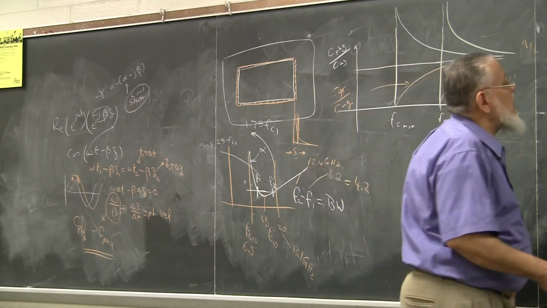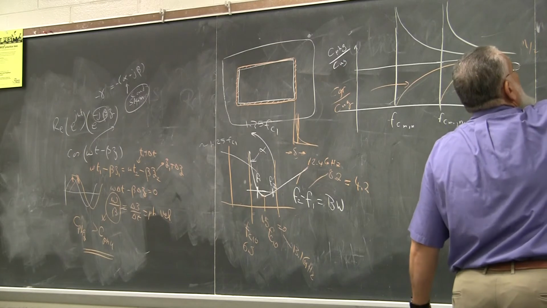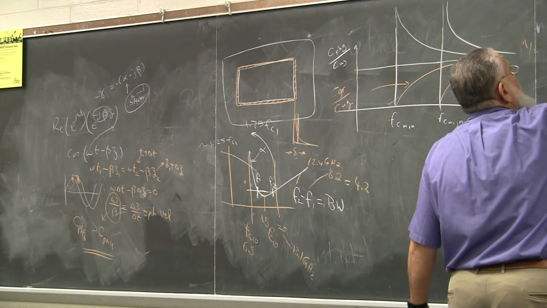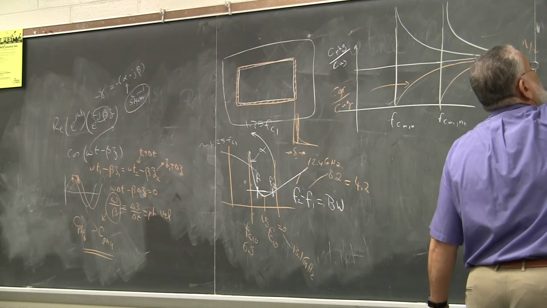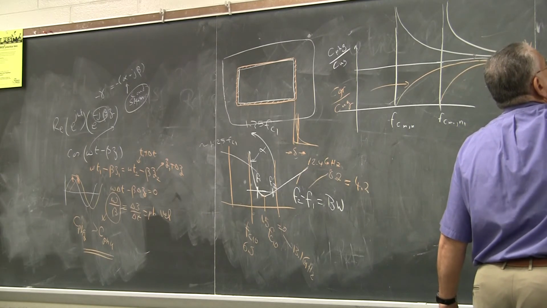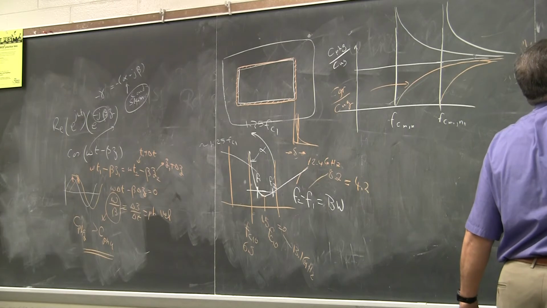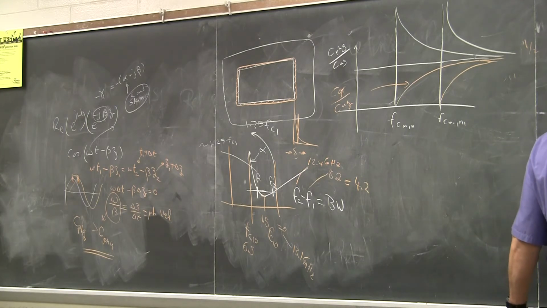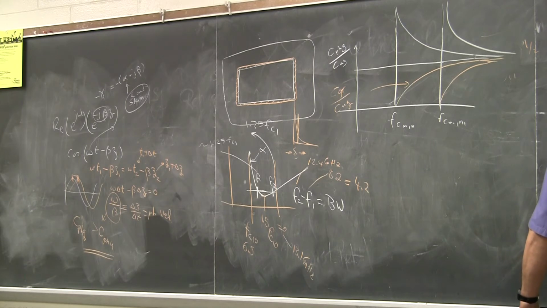And basically, we can write here (m pi over a) squared plus (n pi over b) squared plus (p pi over d) squared is equal to omega squared mu epsilon.